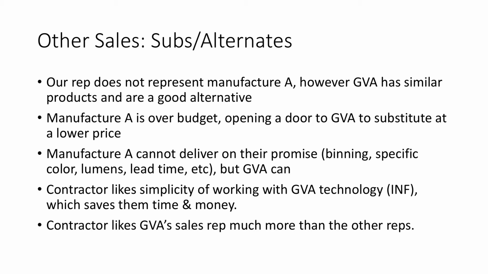Or Lumenpulse, who is specified on the project, they're over the budget. So they're over the budget, they can't come down. So the lighting reps and the local lighting engineers and lighting designers, they're allowing other manufacturers to submit proposals to substitute the lighting with other lighting at a cheaper price.